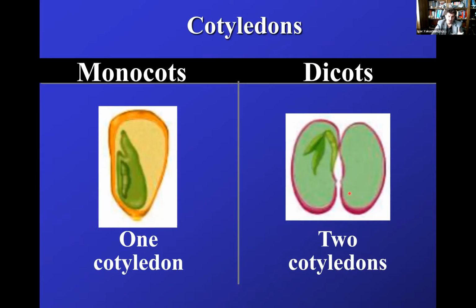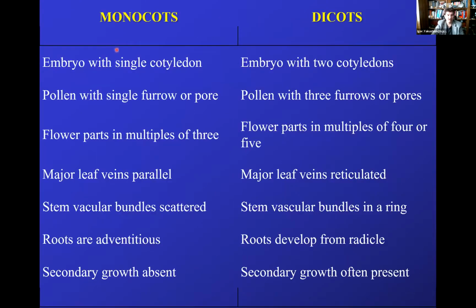Again, in order to get the amino acids, the cotyledons break down those proteins and feed the embryo. So 1 or 2 cotyledons. Now, embryo with a single cotyledon, embryo with double cotyledons. Once again, there will be a question on the test, compare and contrast monocots versus dicots. Make sure that you know several major differences.